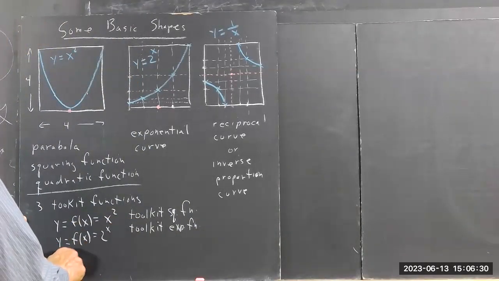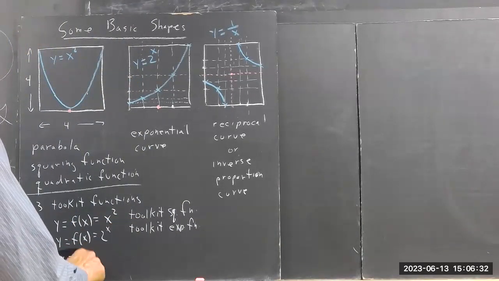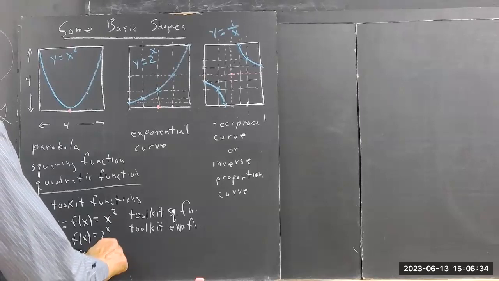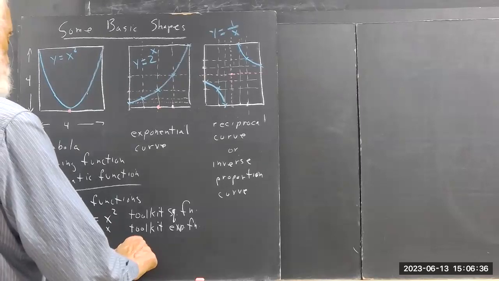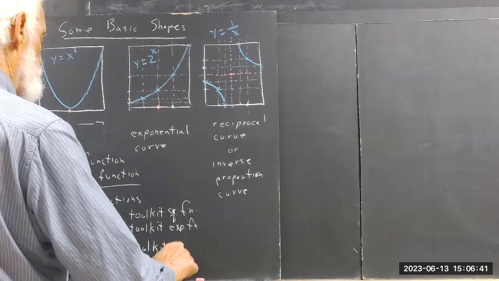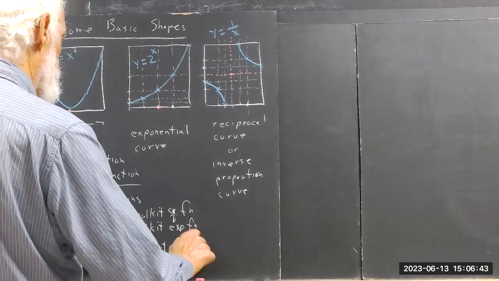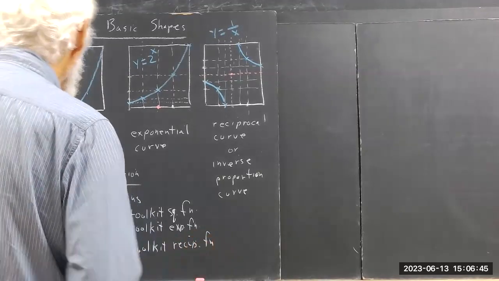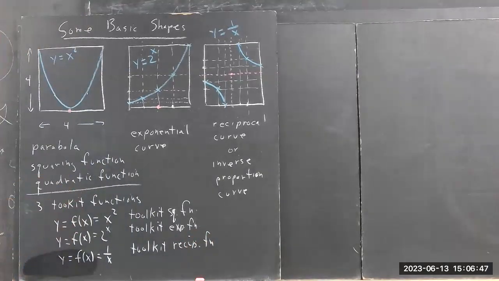Okay, anyhow, y equals f of x equals 1 over x is your toolkit reciprocal function. Okay, so 3 toolkit functions.